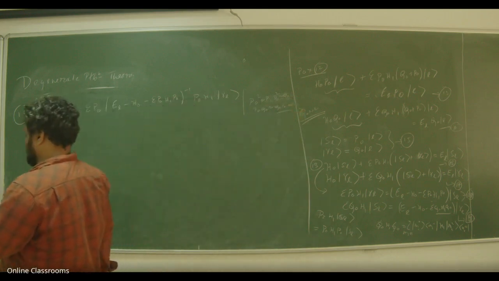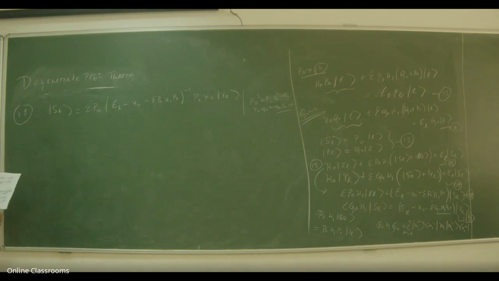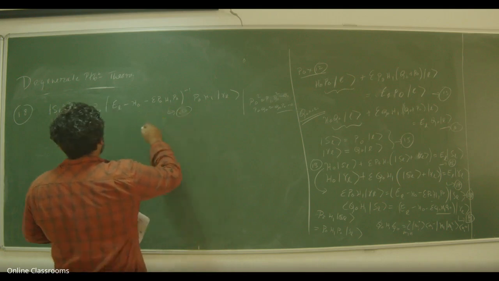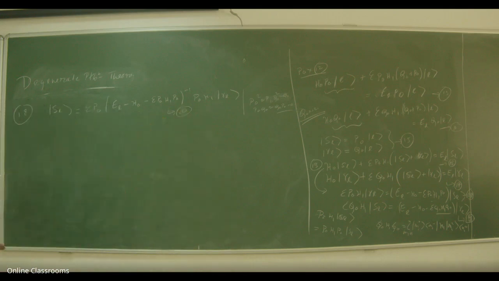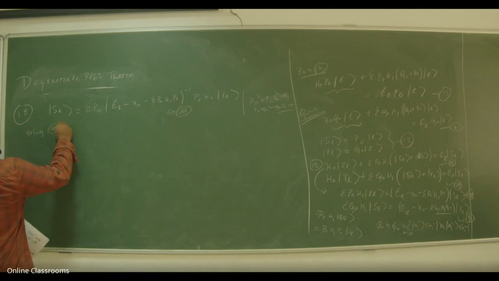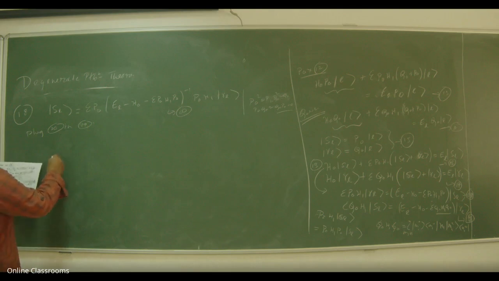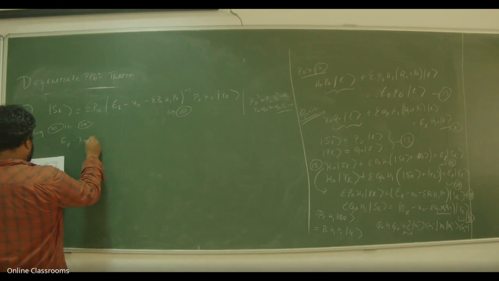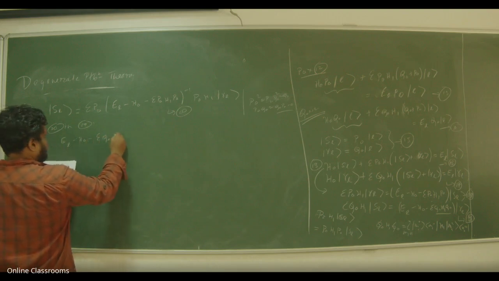Okay, we are using all this extensively. So this is my first equation, inverting this. And now I'm going to use it in the second one. So plug 20 in 19, and you will get EL minus H naught minus epsilon Q naught H1.